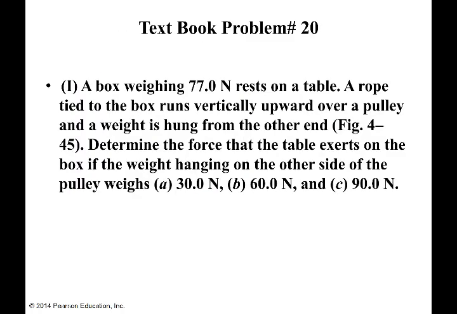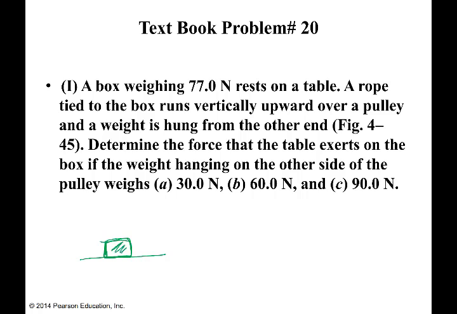Okay, so last problem before we end this, a free body diagram for a certain style of problem. So there's a box which is weighing 77 Newtons. It rests on the table. This is a very important problem actually. If you get this, you have understood most of the dynamics then.